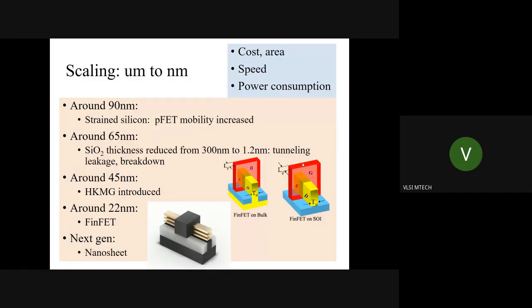But here's the key thing: for any transistor to come into the market and be mass produced and be used for circuit IC development and all of that, it not only needs to be good as a concept or as an experimental transistor, it needs to be better than conventional silicon in multiple ways.